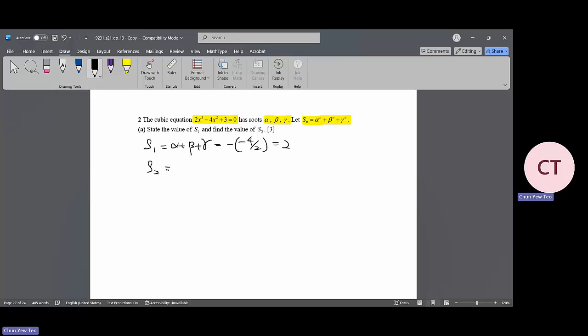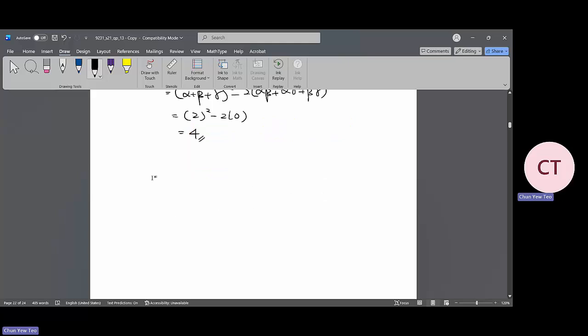Then S_2 is alpha squared plus beta squared plus gamma squared. The formula for this is (alpha plus beta plus gamma) squared minus twice the sum of pairs. So this will be 2 squared minus 2 times 0. You get 4. Okay, that will be the answer for number 2A.